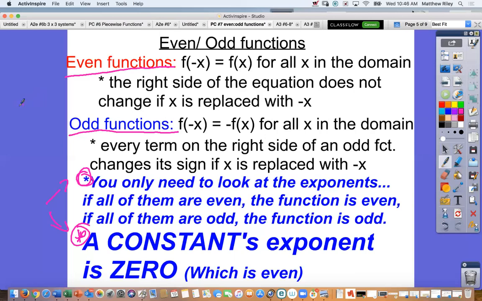In other words, if I have something like this, I do not care about anything other than the exponent, 2x to the 4th, so on and so forth. I'm only looking at the exponents. If they are all even, it's an even function, which I'll explain what that looks like and what that means later.